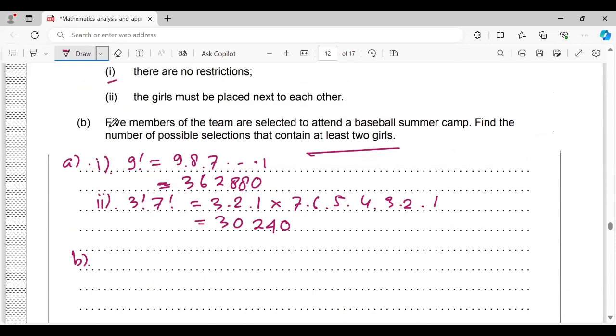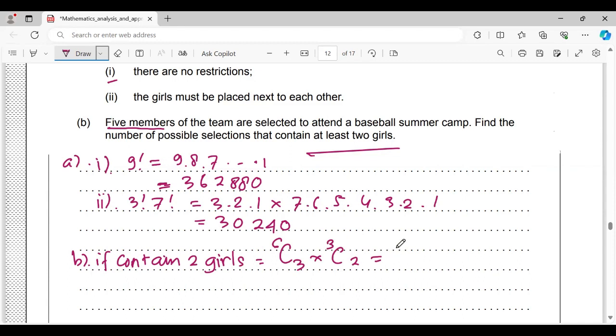Okay, 5 members, and the number of possessors. Now, if it contains 2 girls, it becomes a combination. 6 times combination 2 of 3.